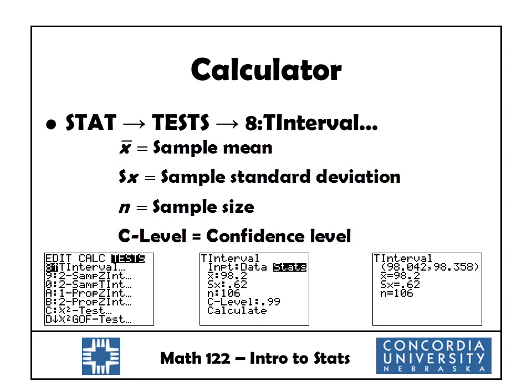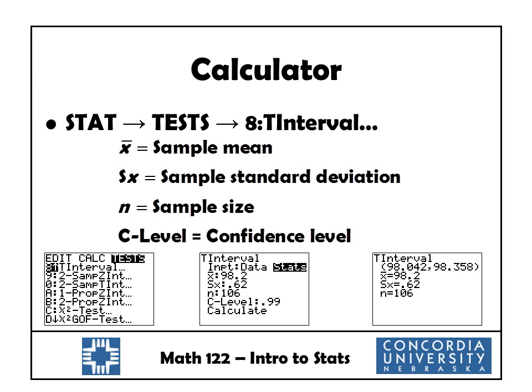But that's not what we have here. We have summary statistics. So we're going to choose that option stat, and then below that we need to enter the sample mean, and then Sx is the sample standard deviation, n is our sample size, and C level is the confidence level. So your window should resemble this one in the middle. You hit enter, highlight calculate and hit enter, and a result is shown there on the right. So t interval 98.04 up to 98.358.